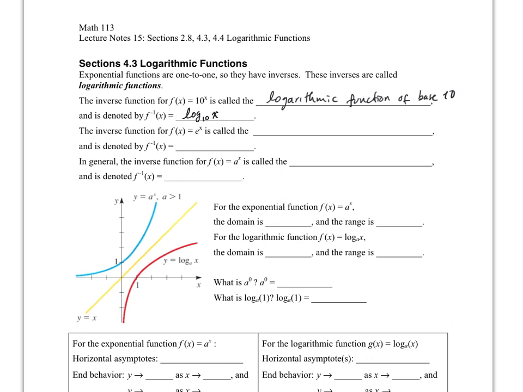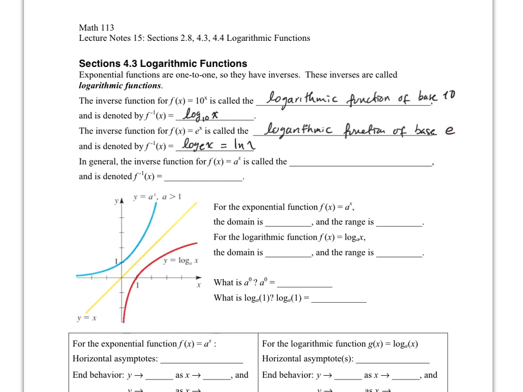Now the inverse function of e to the x is called the logarithmic function of base e, which I told you is the most famous base. This is denoted by log base e of x. It's so important that it even has its own notation.